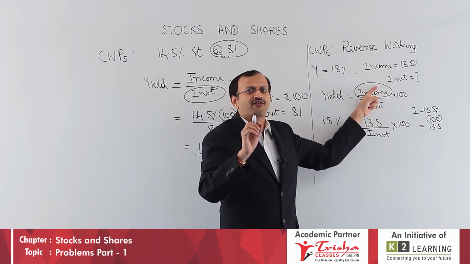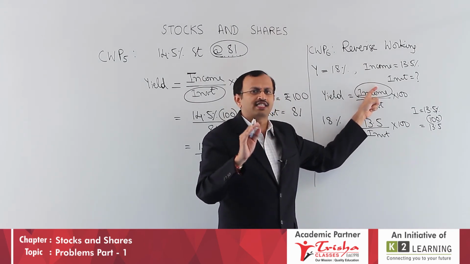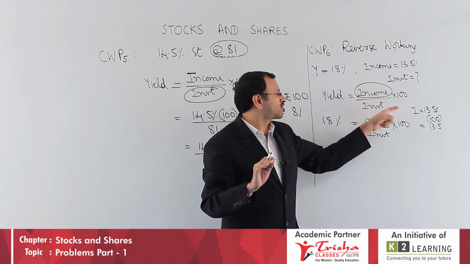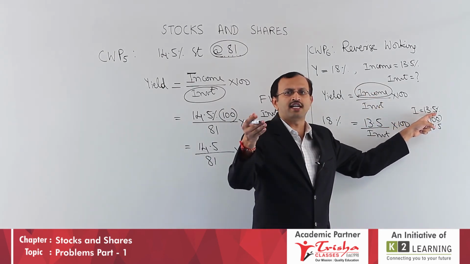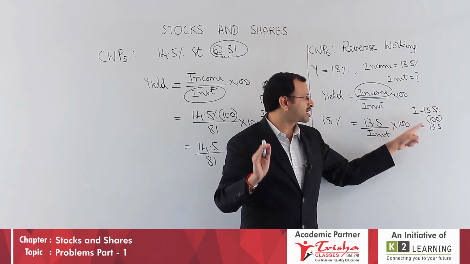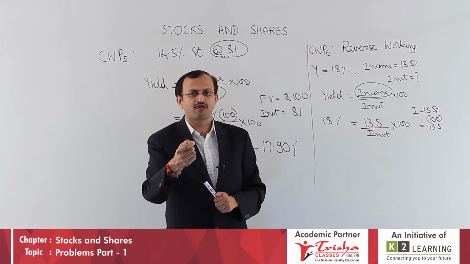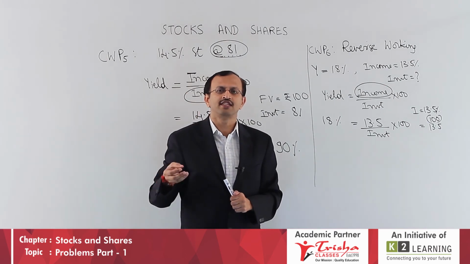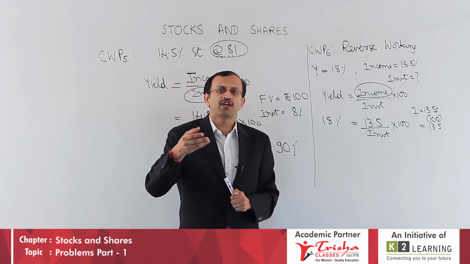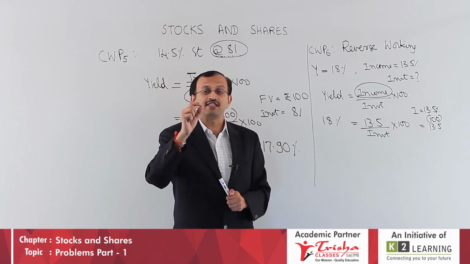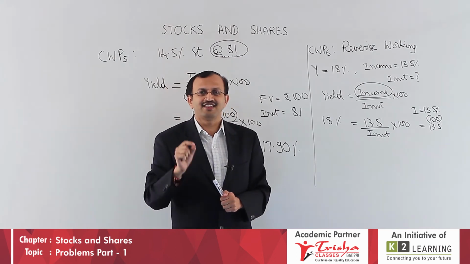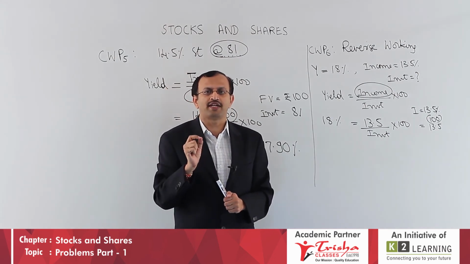Since it is not referred, let us assume it is 100. Generally, that is the assumption we make. So, income is equal to 13.5% on 100. Percentage 100 cancel, 13.5 divided by investment into 100. Students, I'll ask you one question, whether you are getting with us. Is it clear to you? Have you understood? If your answer is yes, generally this is where you make a mistake. This is where you have to observe the minute issues, my dear students.